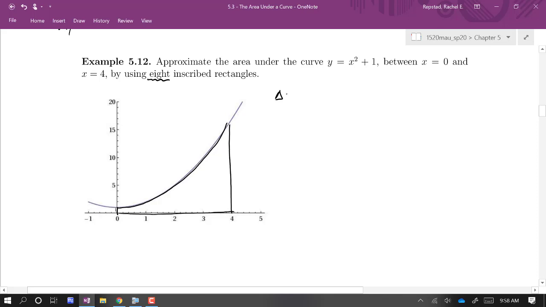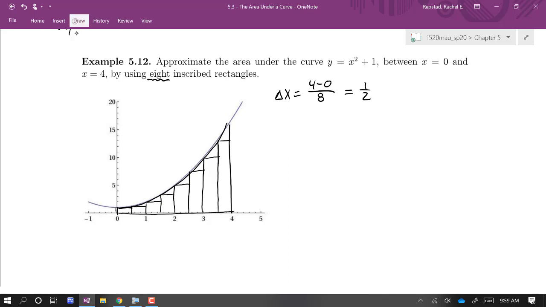This time we're using 8 inscribed rectangles, so our delta x is the interval length, right minus left over number of rectangles. 4/8 is a half. So now I'm just sort of marking out the 1/2. Here are these rectangles. Still using inscribed rectangles.